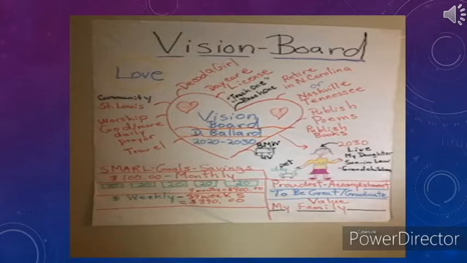This is the vision board that I created. And remember, you're going to use whatever available resources that you have at this time, whether it's markers, crayons, color pencils, ink pens, or just a pencil. And you're going to design your vision board using pictures and words.